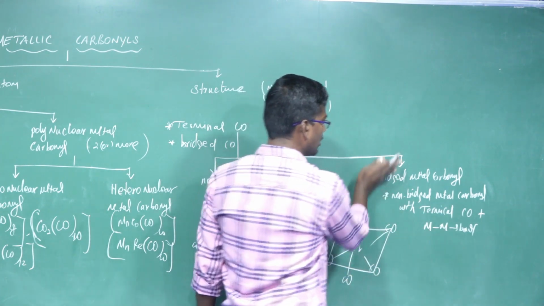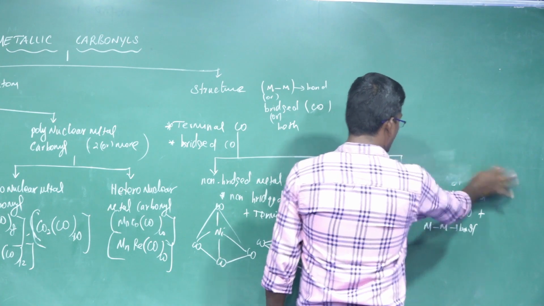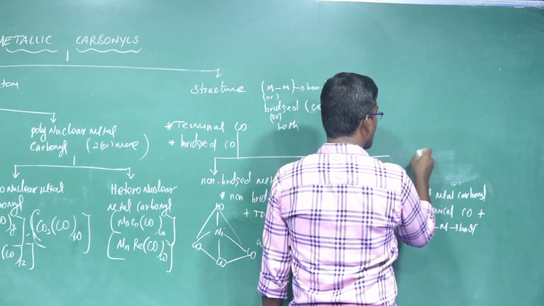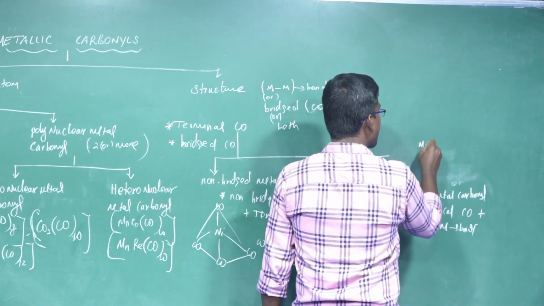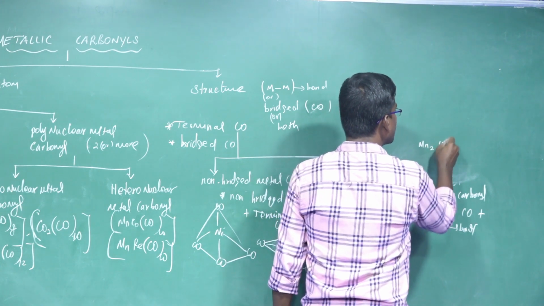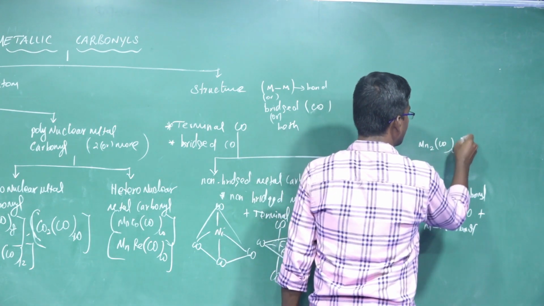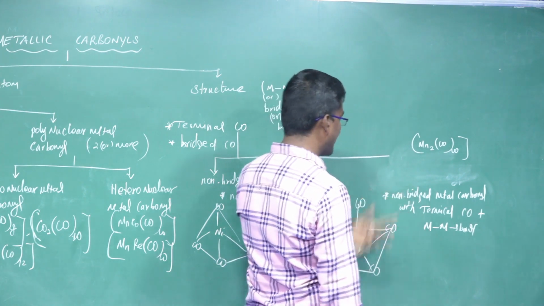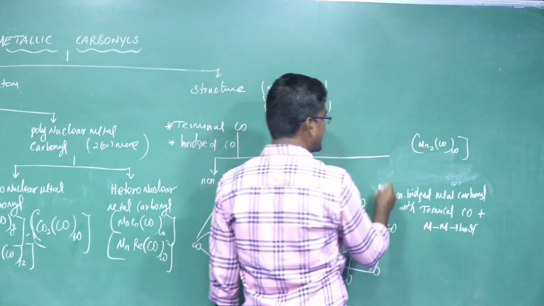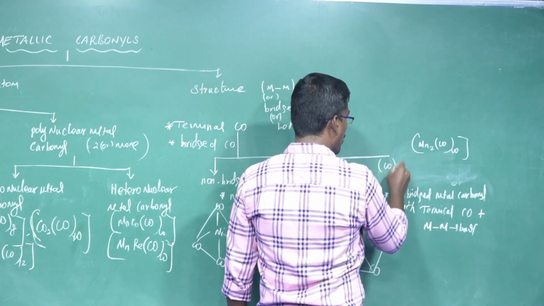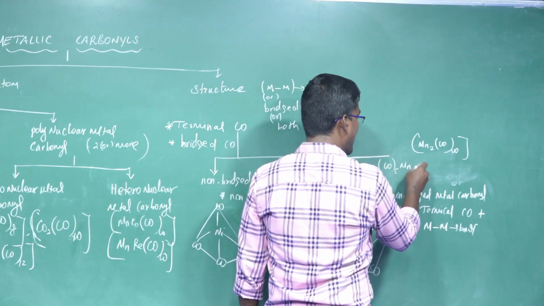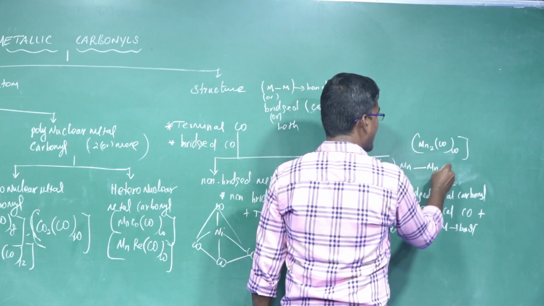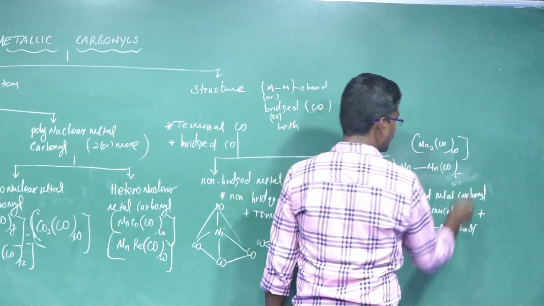For example, manganese Mn2(CO)10 can be simply written as (CO)5Mn-Mn(CO)5.